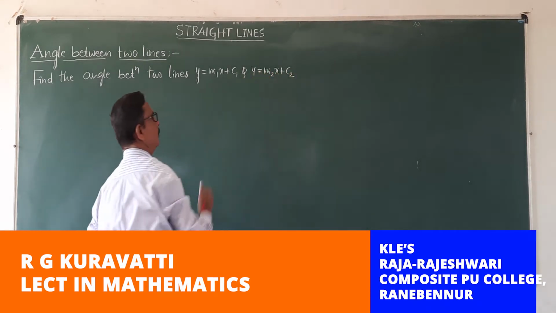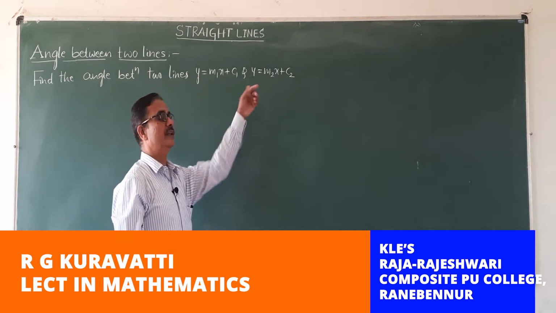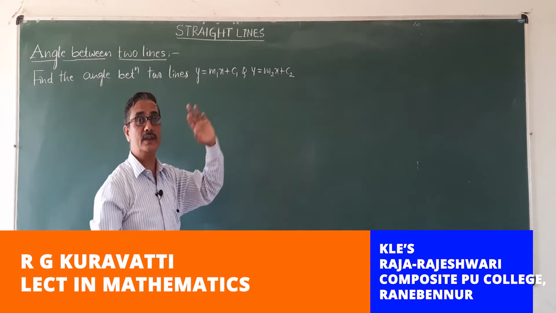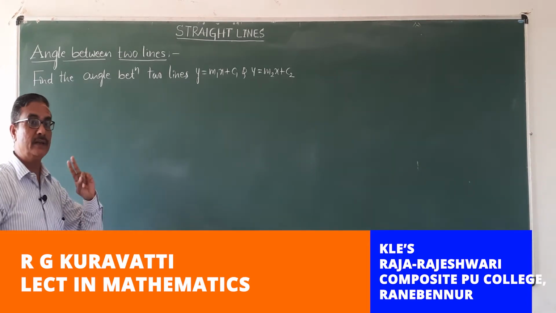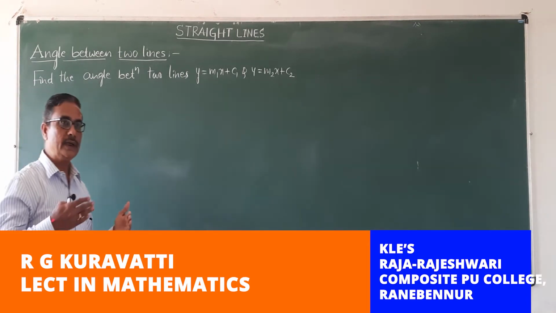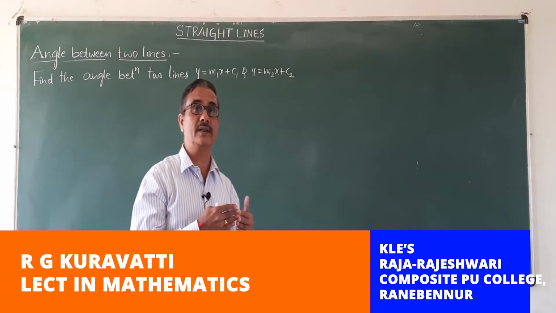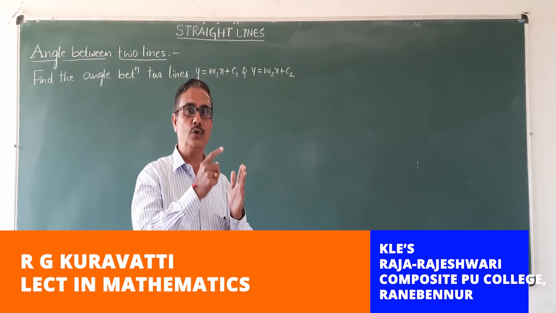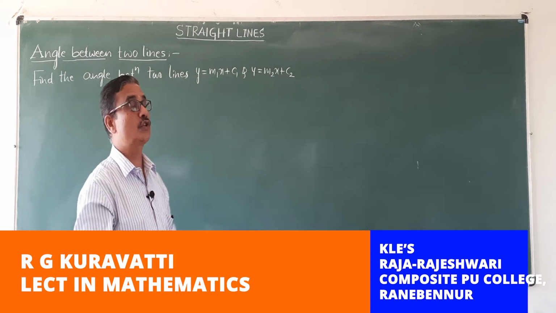Here m1, m2 are slopes, c1, c2 are constants, not y-intercept values, c1, c2 are constants. When two lines are given by equations and they intersect each other, we will get one angle. What is that angle?